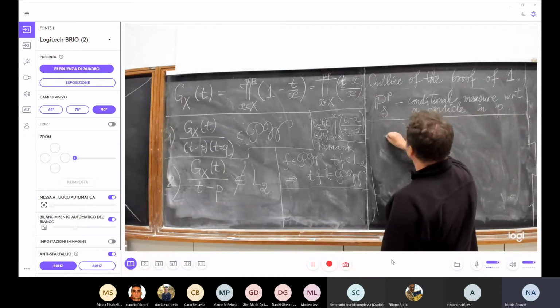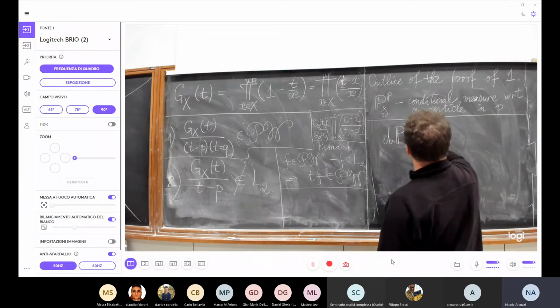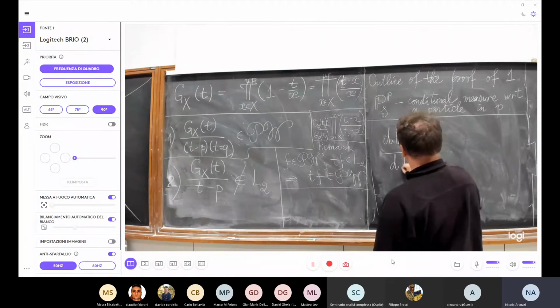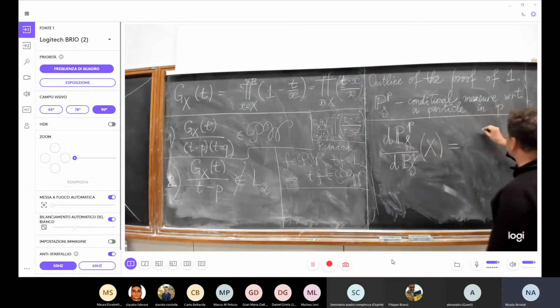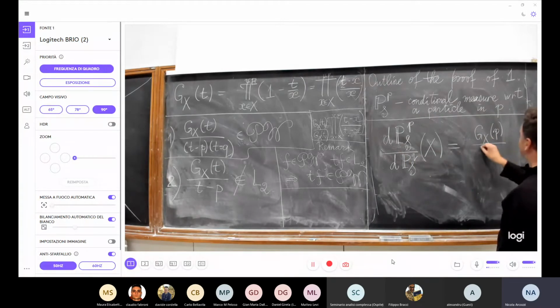Okay, and then it is a key consideration that the Radon-Nikodym derivative between Palm measures at two points at configuration X is nothing but G_X of p over G_X of q, squared.